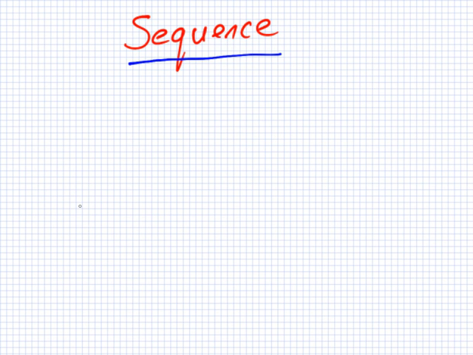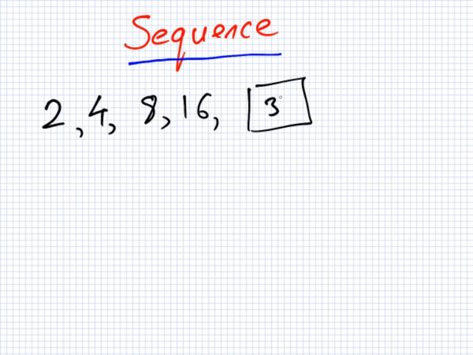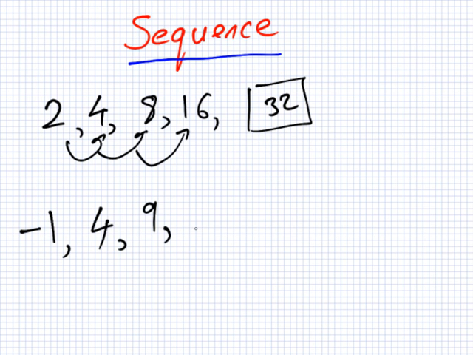Okay? So for example, if I had a sequence, something like 2, 4, 8, 16, I think everybody can see what the next number is. 32. The next number would be 32, because the rule is to multiply by 2. What about something like this one? What would be next here? 19.